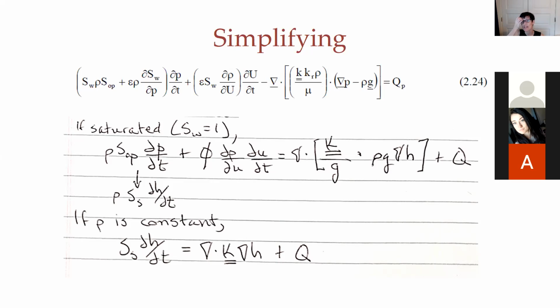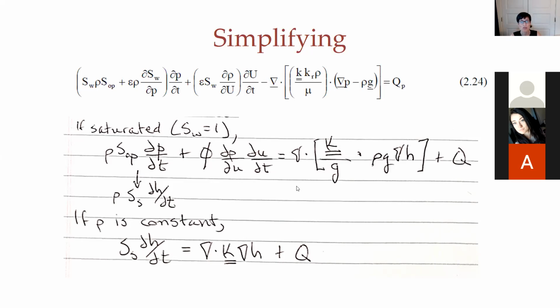Okay, now this is starting to look more like our regular equation. Now let's get rid of the density. Let's say that the density is constant, which means it can move out of this gradient. It's out of the spatial derivative. If the density is constant, it can go out, and then we can just divide through.